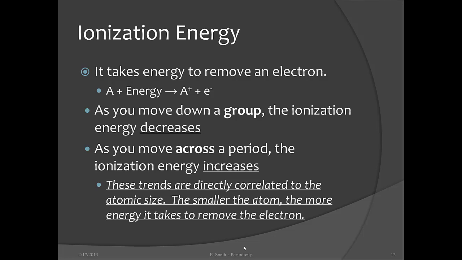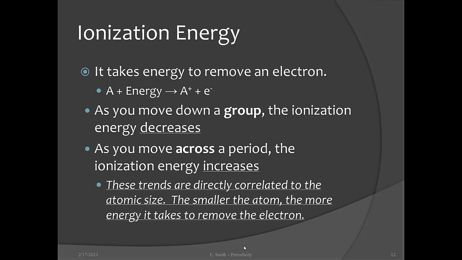So if the atom is getting bigger and the electron is further away from the nucleus, the force of attraction between the protons and electrons is weaker, so it takes less energy to remove the electron. Remember, the nucleus is what's holding the electron nearby. So as we move down the group, the ionization energy decreases because the atom is getting bigger.